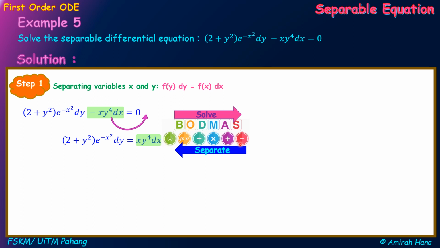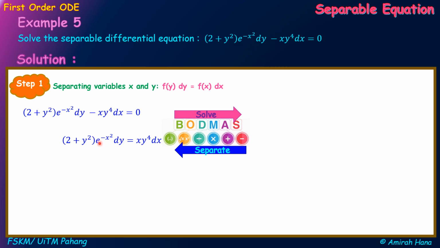After subtraction, we need to separate plus. But the plus here is inside a bracket, so we consider it as bracket. This means that after minus, we need to separate multiplication and division. From here, our goal is to write the left hand side in terms of f(y) dy.